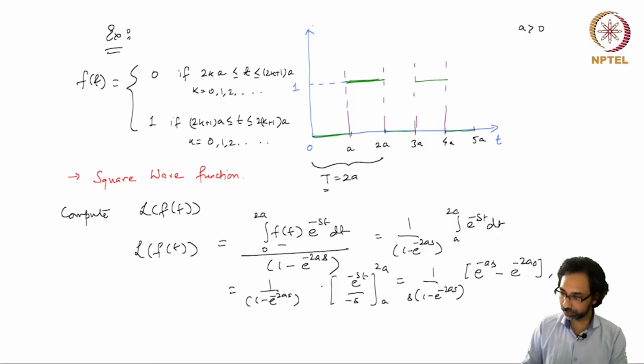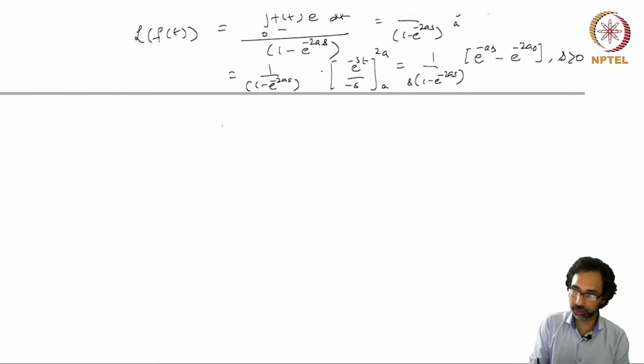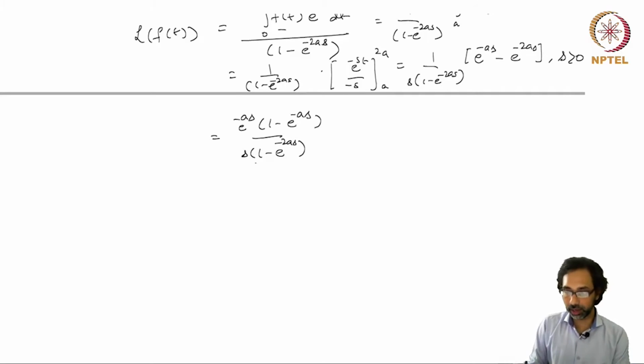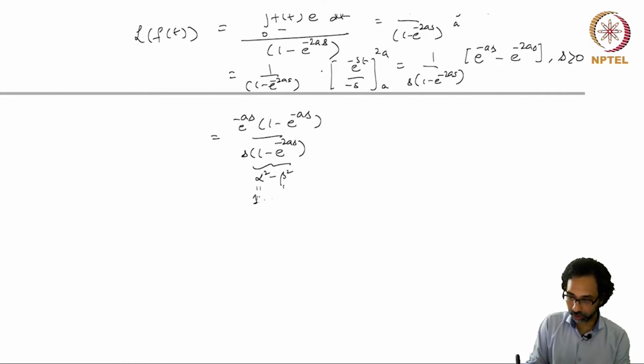And now you can simplify a little bit further. This is equal to 1 over s times (1 minus e^(-2as)), and then you can take out one of the e^(-as), so you will get 1 minus e^(-as) here, and in the denominator this is of the form alpha squared minus beta squared, where alpha is equal to 1 and beta is equal to e^(-as).